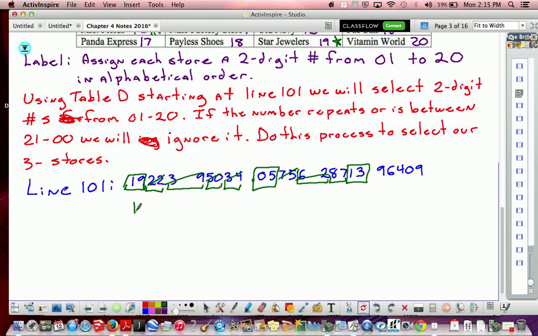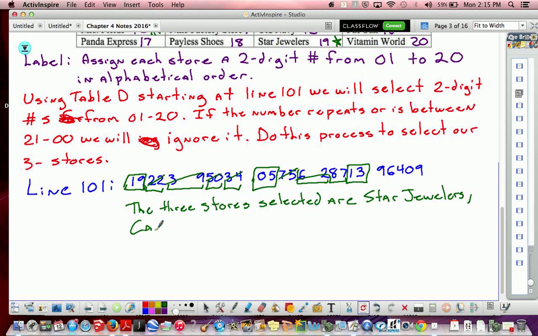So we'll just say the 3 stores selected are: the first one was Star Jewelers. That was Carter's for Kids. And Mrs. Fields.